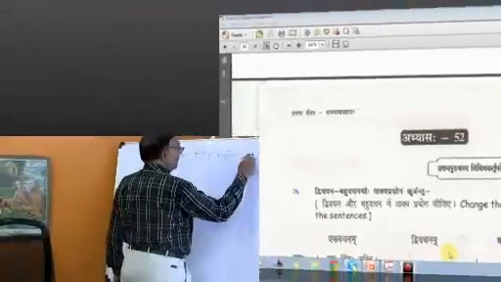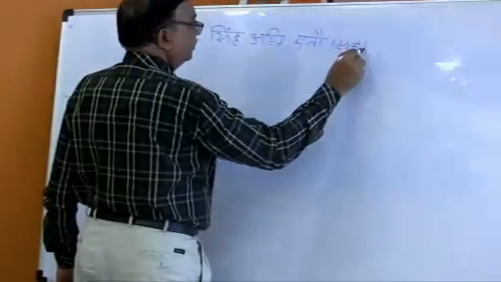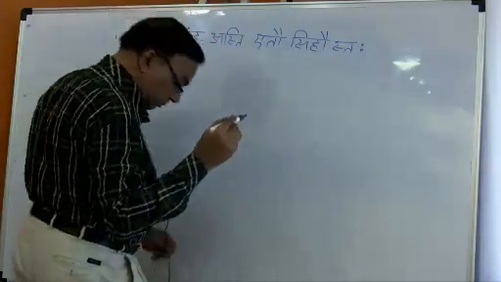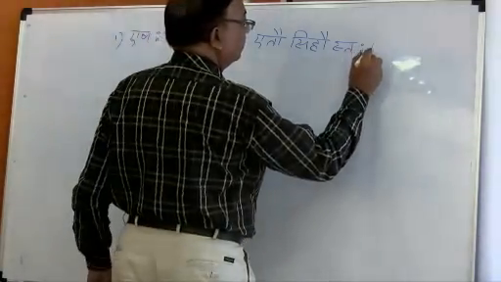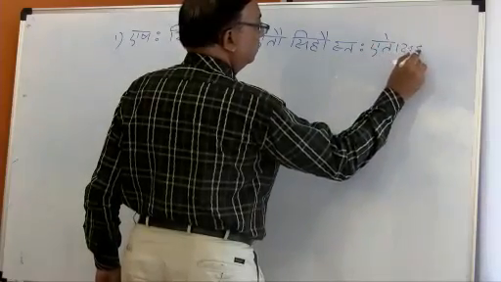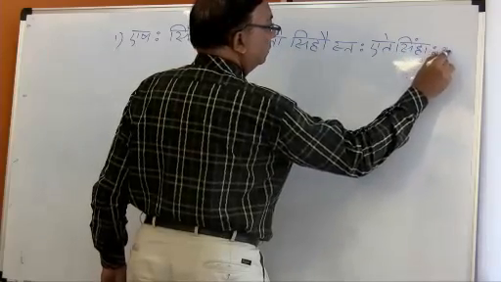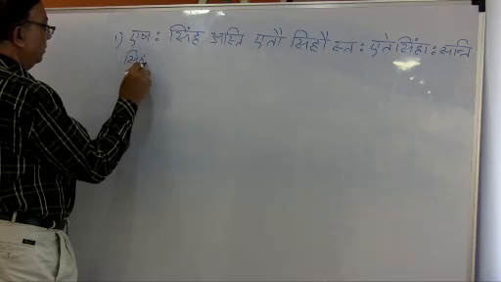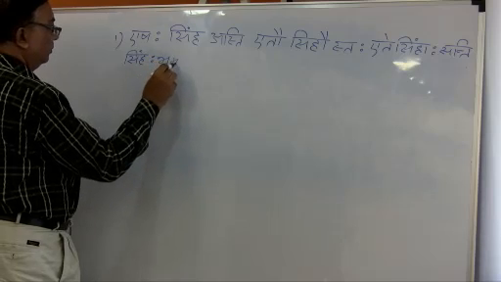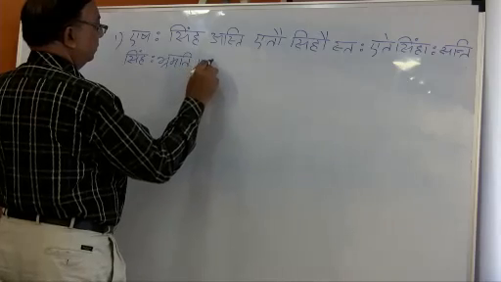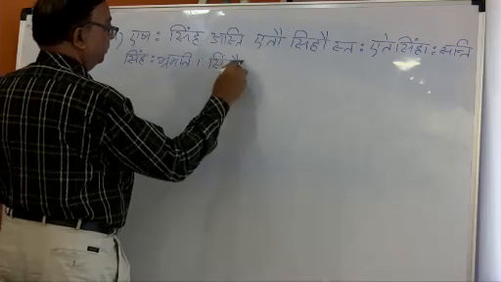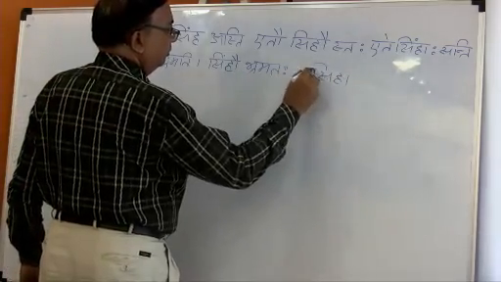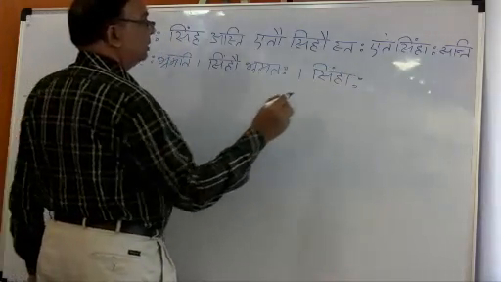Then एतौ सिंहौ स्तः. सिंहाः सन्ति. सिंहः भ्रमति. सिंहौ भ्रमतः, सिंहाः भ्रमन्ति.